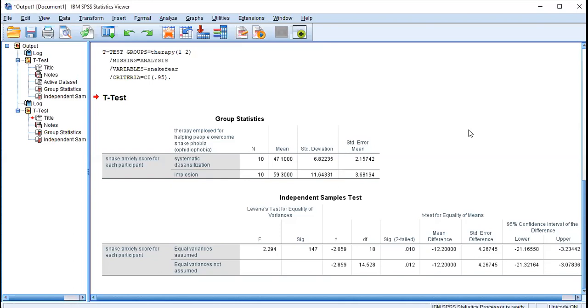So that is saying that the effect size, when we are talking about two different types of therapies, systematic desensitization and implosion, as a means to cure people's phobia towards snakes, between the two methods applied is quite large. It's quite large at 1.28.